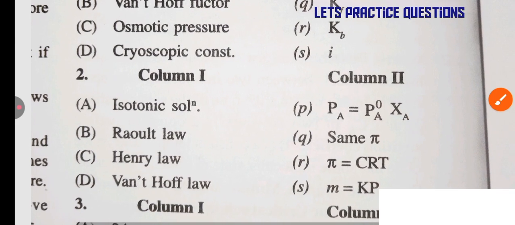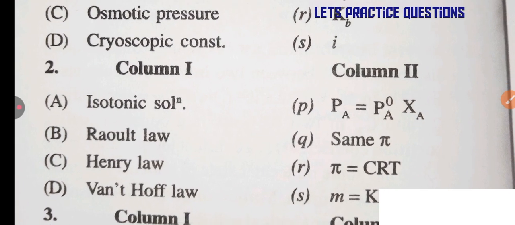Next question. Column 1 and column 2. Option A isotonic solution, Option B Raoult's law, Option C Henry's law and Option D Van't Hoff law.